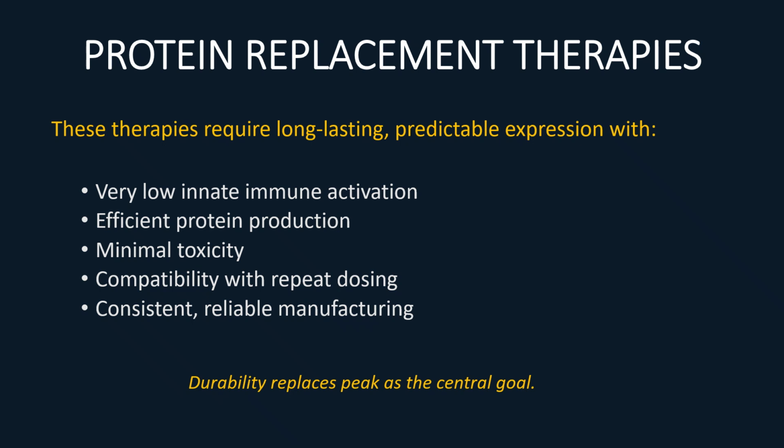Immune activation becomes a major problem here. If the innate system shuts down translation or prevents repeat dosing, the therapy is of no use. Efficiency still matters, of course, but not for speed. It matters because you need sustained protein levels at tolerable doses.